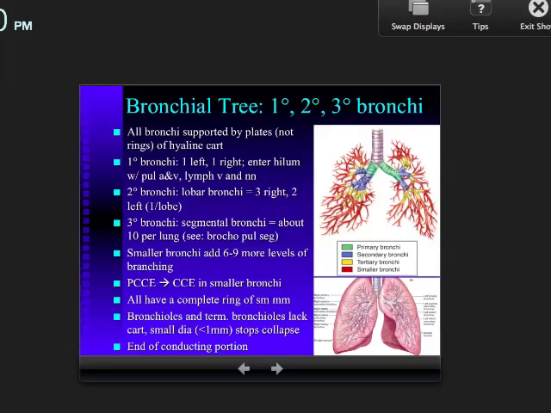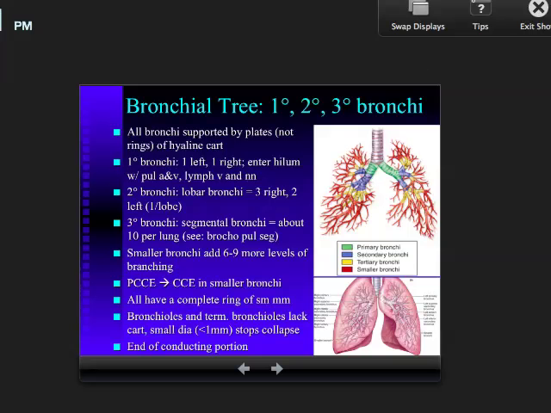Why is that? Because your heart occupies part of the space on the left side. And so the left lung only has 2 lobes, and therefore only 2 secondary bronchi, and the right lung has 3 lobes, and therefore 3 secondary bronchi.